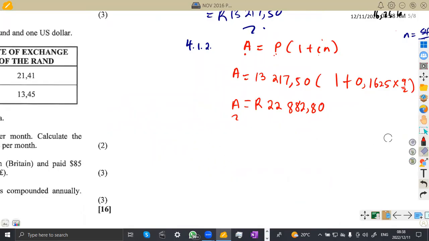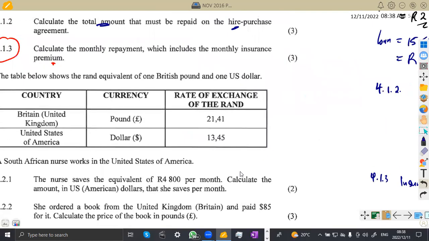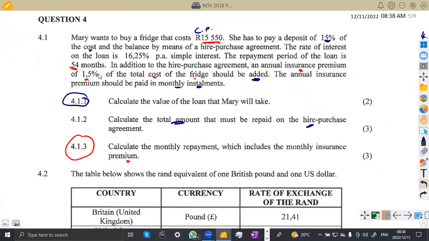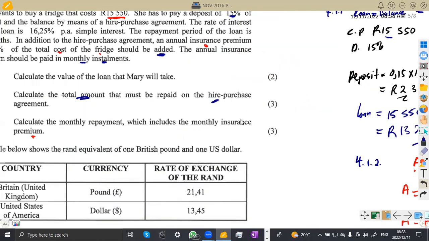So this is 4.13. We're going to start with the insurance part and see what the insurance was first. The insurance is given at 1.5% of the cost price. We are given here that the insurance is 1.5% of the total cost of the fridge, which is 15,550.